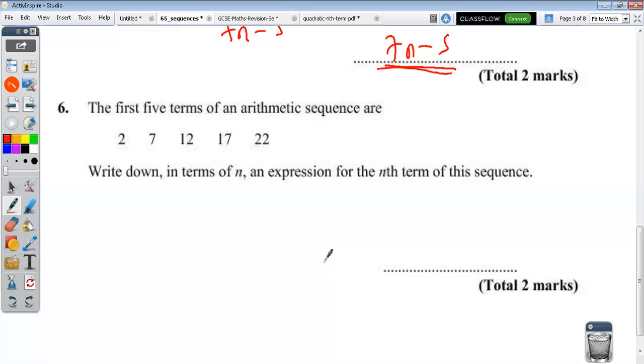Should be done now. Mufaro, are you done? Yes, sir. What's your formula? 5n minus 3.